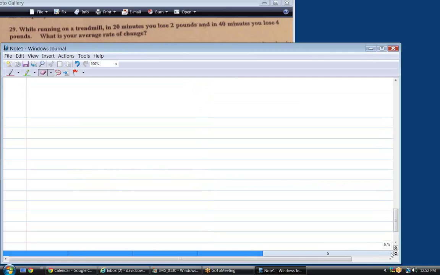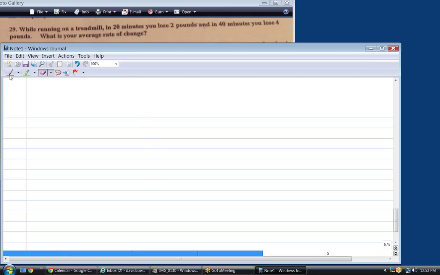Alright, while running on a treadmill, in 20 minutes you lose 2 pounds, and in 40 minutes you lose 4 pounds. What's the average rate of change? Well, isn't the rate of change just the slope? It is.